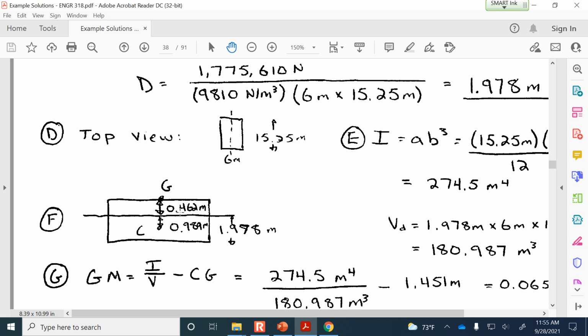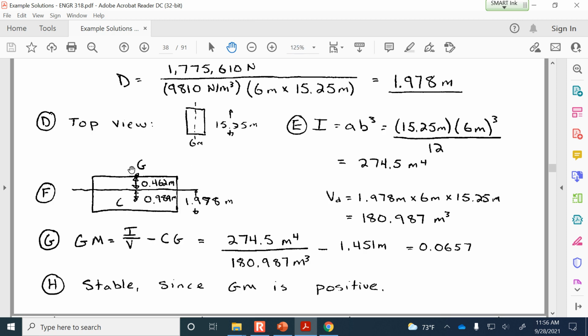And then there's 0.462 meters from the water line up to G. So overall, we add the two things together, and CG is 1.451 meters. That's the physical distance between the center of gravity and the center of buoyancy.